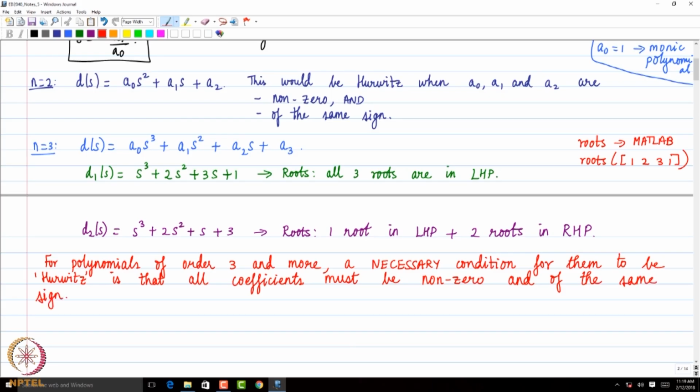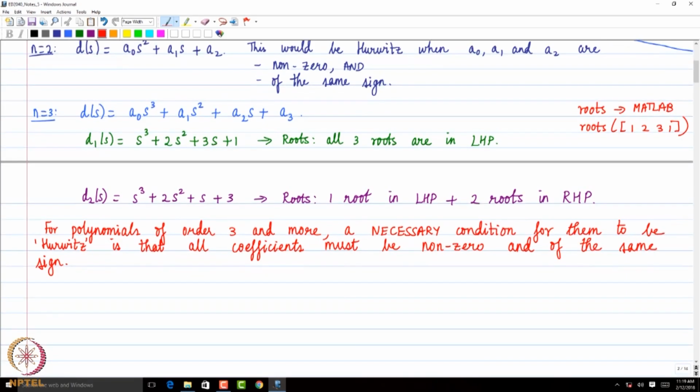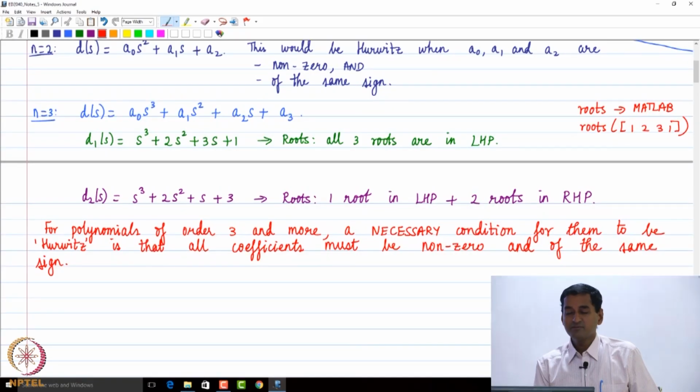Okay, that's just a necessary condition for polynomials of order 3 and more. We can immediately see that, right? You can see that D1 and D2 both satisfy the necessary condition, right? But that's not sufficient. So I hope this further illustrates the difference between necessary and sufficient condition, right?